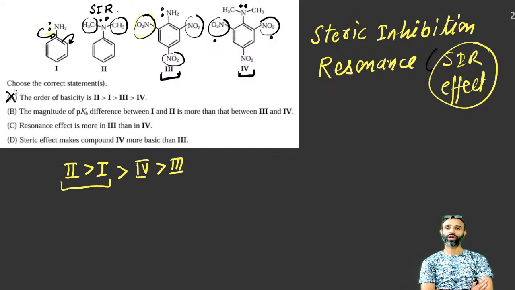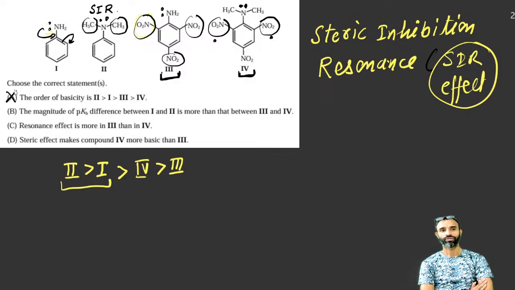Actually, the nitro group decreases the electron density to a large extent. So third and fourth have negligible basic strength.